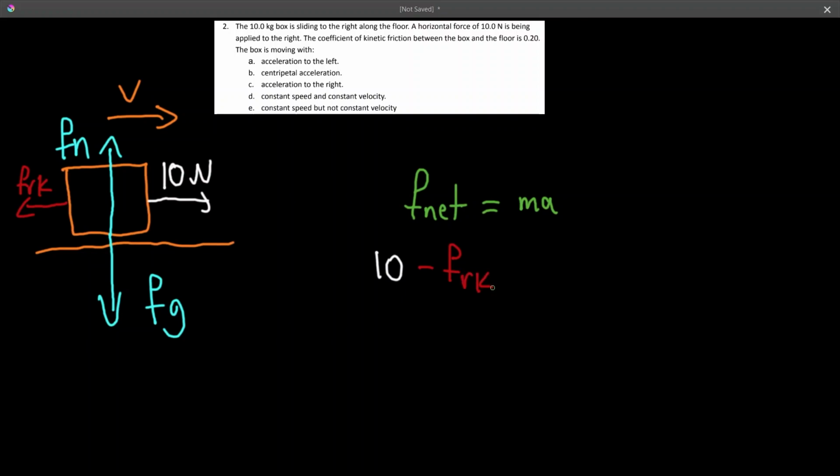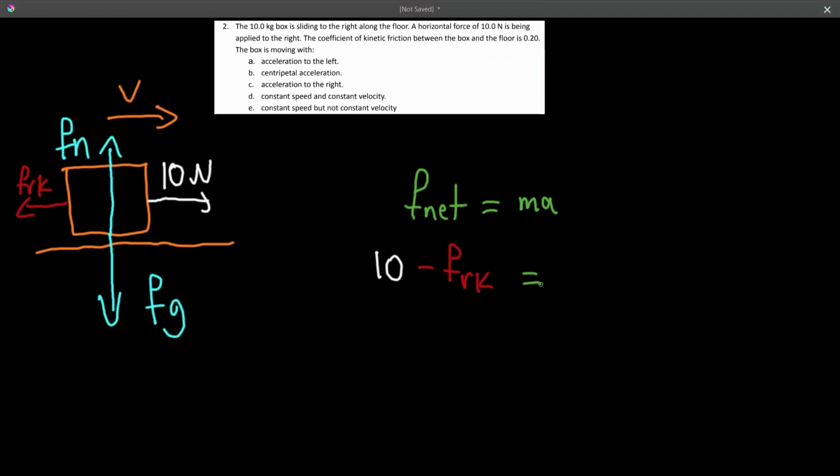Why is the kinetic friction minus? Because we're taking the positive direction to be right, and so any force that's pointing to the left or pointing downwards, in our scenarios, we're going to consider them as negative. So this is equivalent to ma.